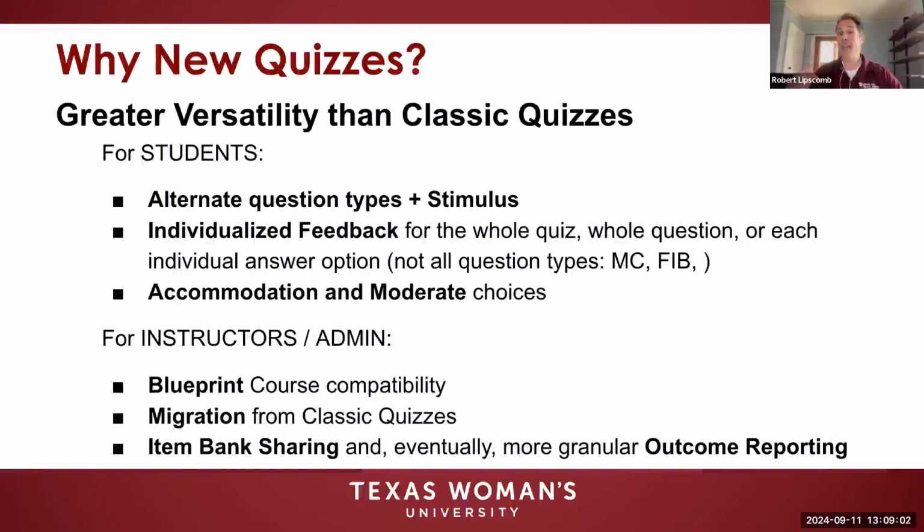You can enter feedback for the entire question, regardless of what answer. You may individualize feedback for each individual answer option, depending on which question type you get or you use. And you can do all kinds of really cool things in the feedback that I'll show you. And then I already told you about the accommodation and moderation choices.